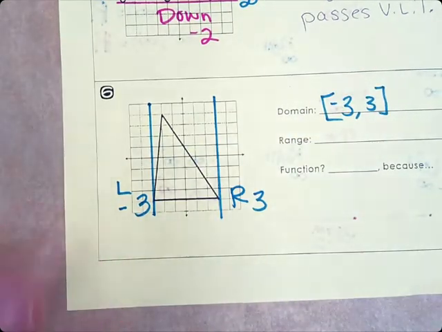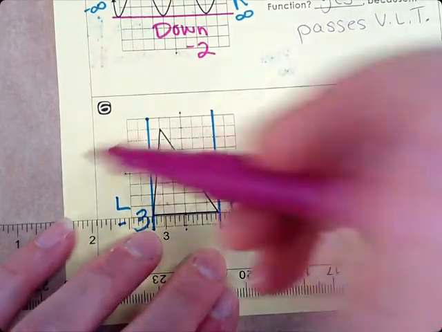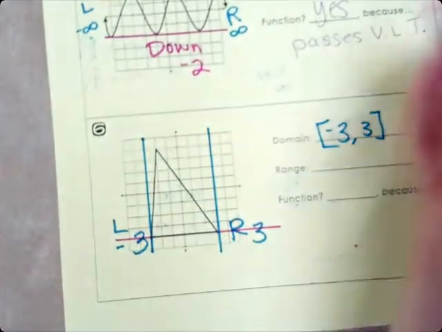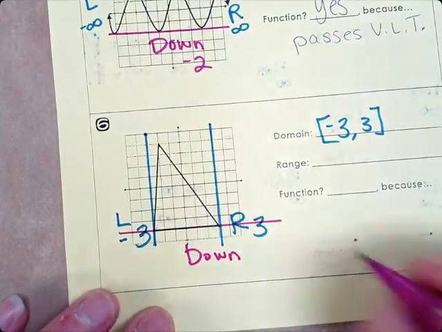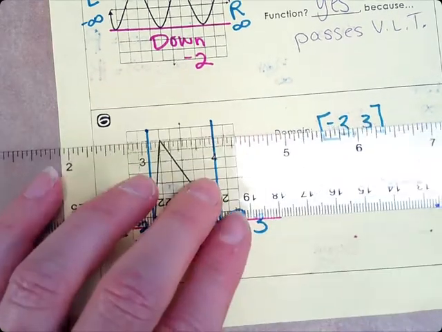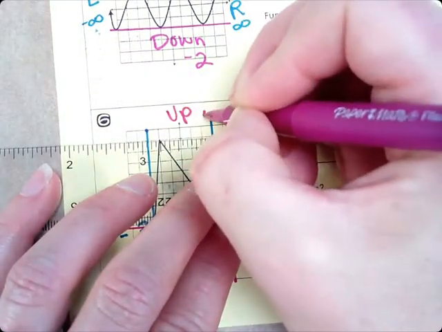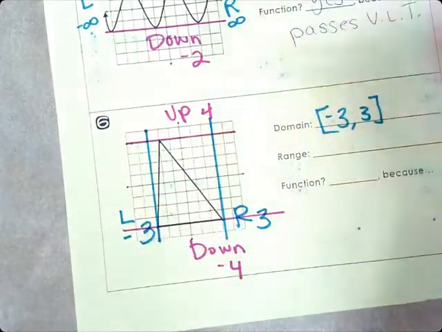And then my range is how far down it goes. So it goes down to -4. And then how far up does it go? 4. Okay. And it actually is touching those.